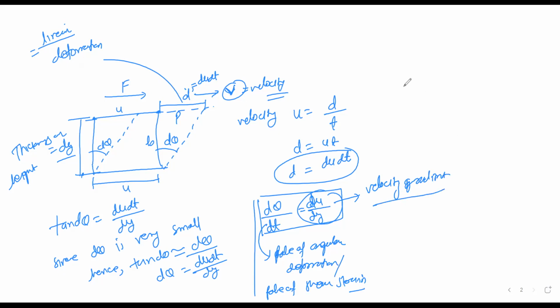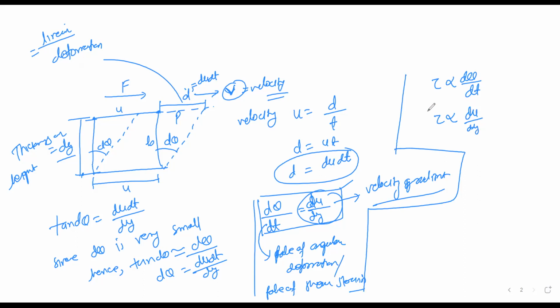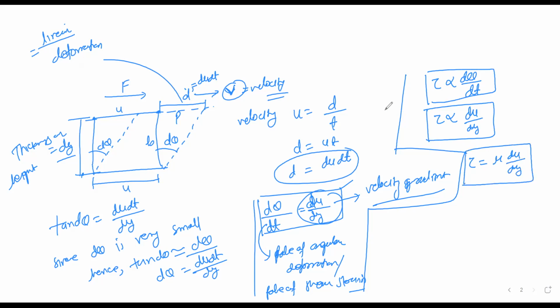So by Newton's law of viscosity, we know that tau is directly proportional to d theta by dt, or else, using this relation, tau is directly proportional to du by dy. So the shear stress can vary with respect to the velocity gradient, or with respect to the rate of angular deformation or rate of shear strain. This proportionality constant is replaced by mu into du by dy. So this mu is very important here.